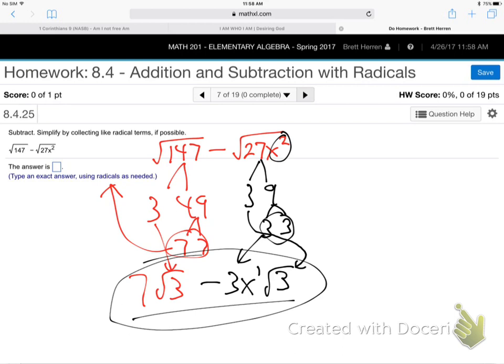Minus 9x root 3. Nah, that's true. You got it? Oh, okay. Yeah, anyway, let's move on.